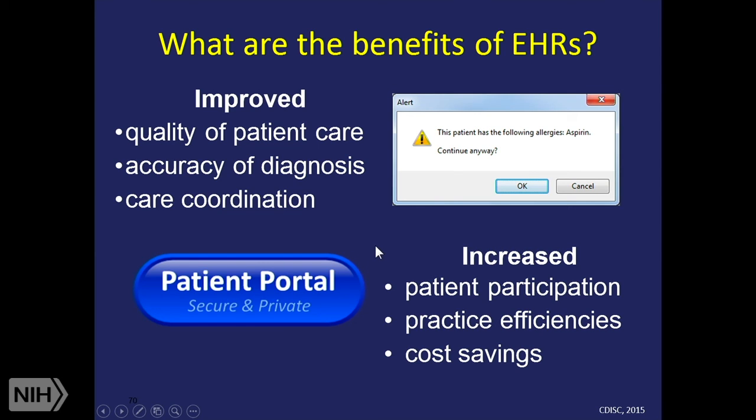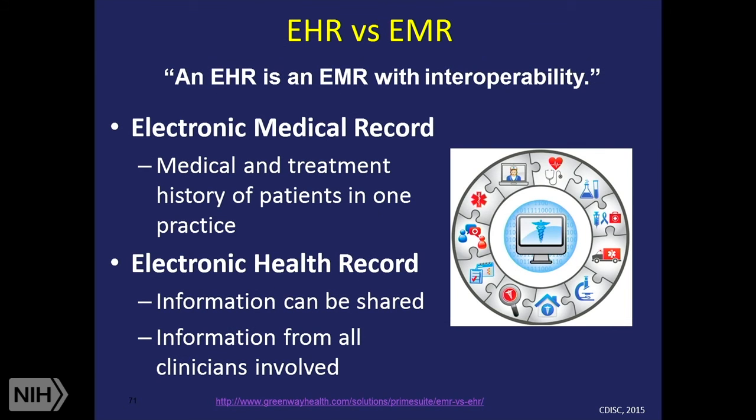And this describes all of the good things for EHRs. Now, I like this because sometimes you hear EHR and EMR. Electronic medical record is the treatment history of a patient in one practice, potentially, whereas EHRs allow you to share data across a network, can be shared with all the clinicians, say, within a network.